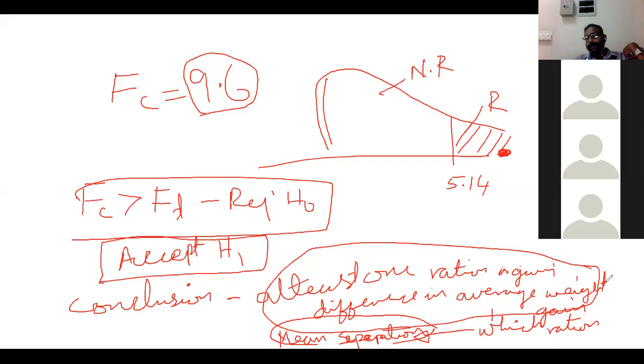Clear? We will learn this mean separation. I will be teaching you mean separation, how to do it. That time we will look at it. Is it clear? Anyone need explanation? Is it okay?